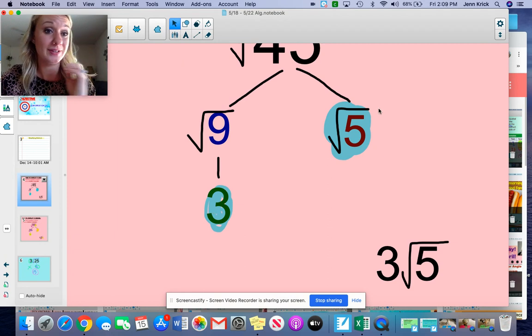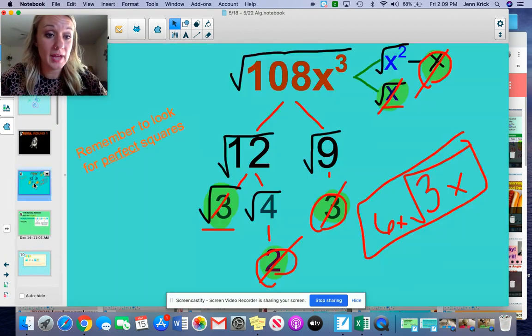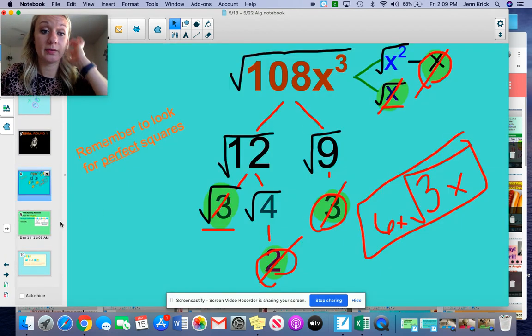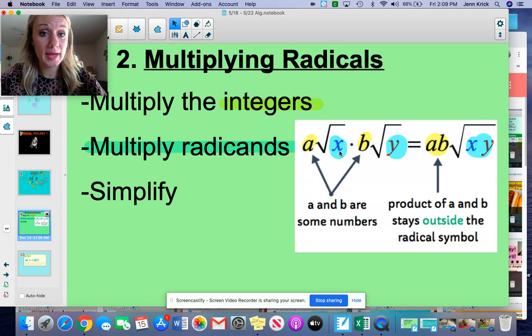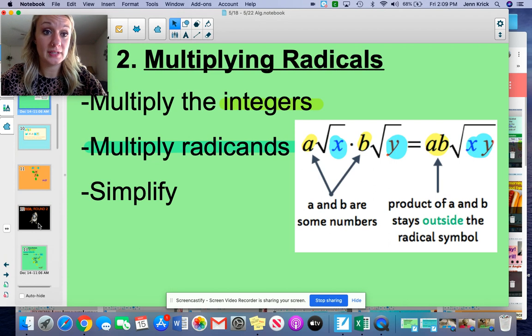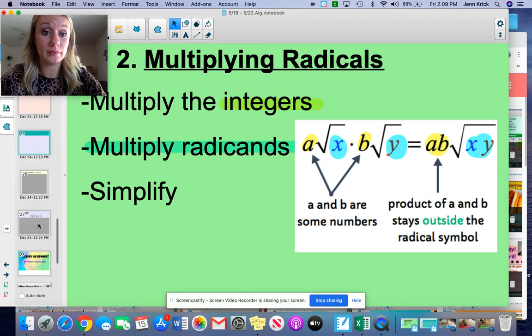With square root of 5, I couldn't do anything else, so I highlighted it, and then you can combine them with multiplication. When we're multiplying, remember to multiply your numbers or variables on the outside of your radical sign, and then also to multiply the ones underneath your radical sign together. Be very cognizant of your work, be meticulous and precise.